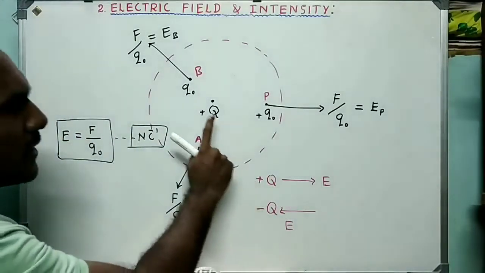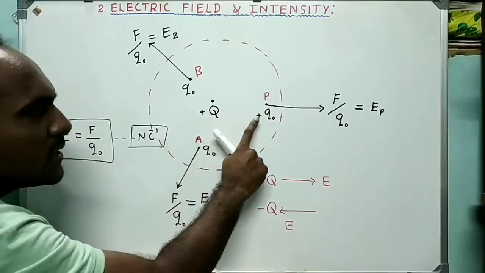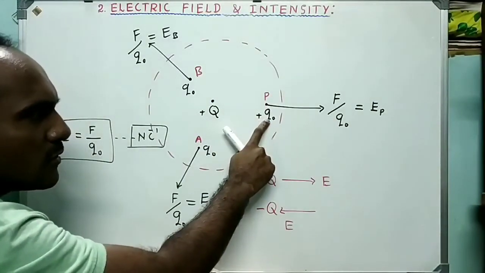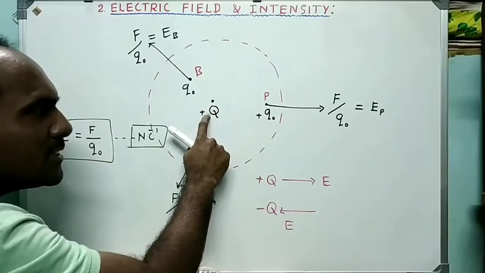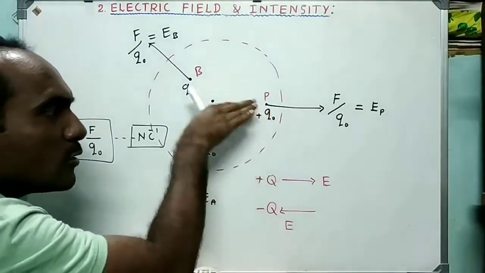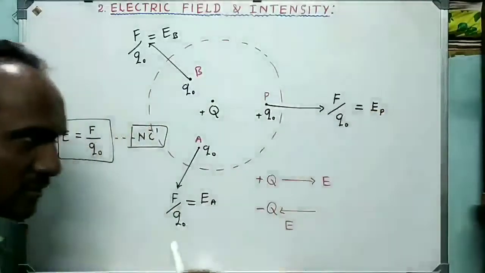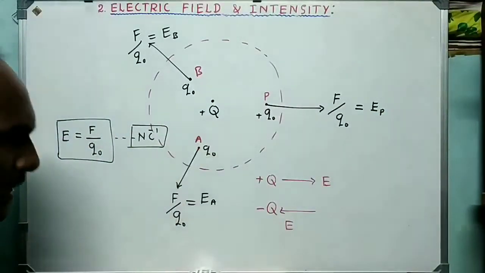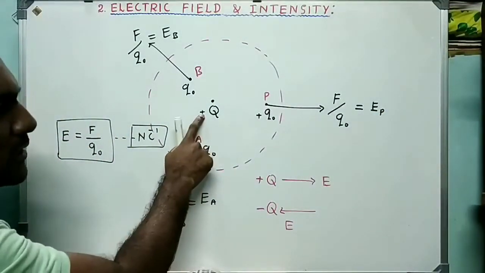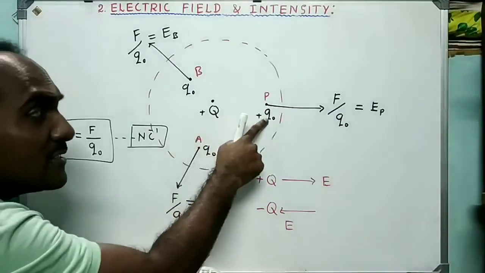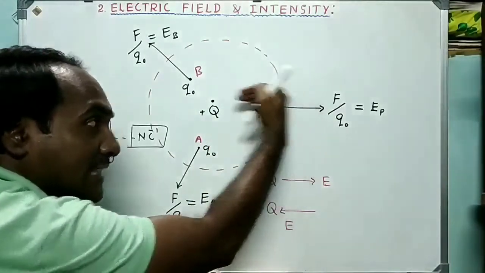Here a positive charge is there. Here I have placed plus Q naught. Then the plus capital Q is repelling the Q naught in this direction. That is, the direction of electric intensity is in this direction. It is positive. If it is a negative charge, then it attracts the Q naught, that is, force is acting in this direction.